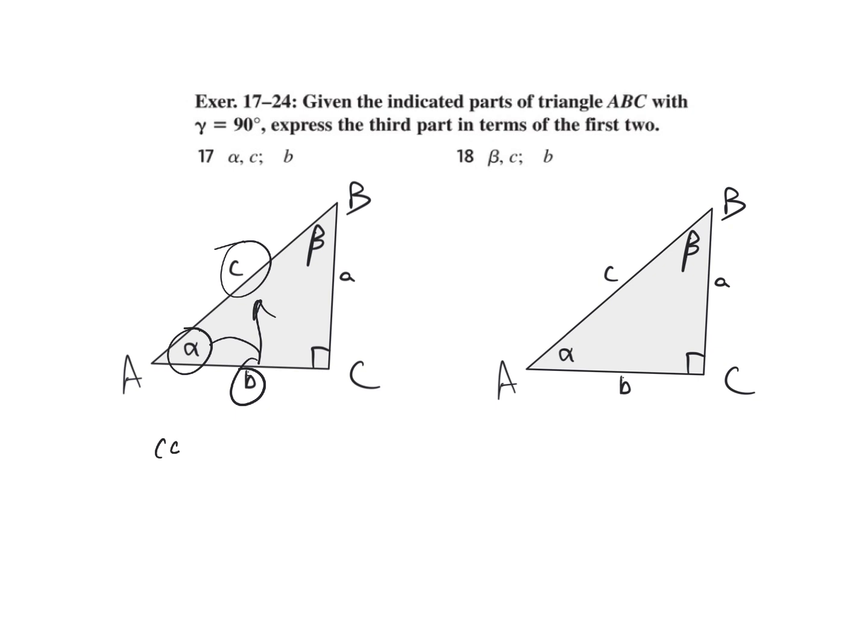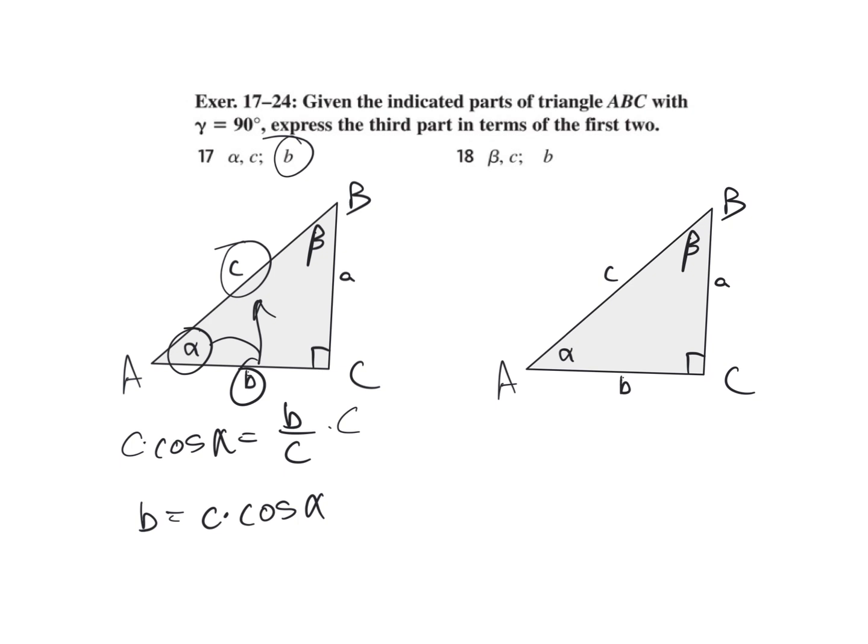So that's the cosine of alpha is equal to the adjacent leg over hypotenuse. So what we're doing is solving for B. If we solve for B, we multiply times C.